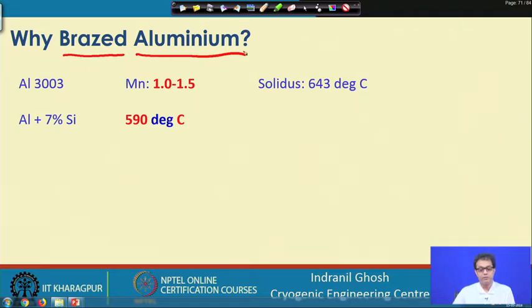So, these particular properties, like high strength to weight ratio, the weight is small and the strength is high, and moderately good thermal conductivity, make us go for it, and also it can be brazed.